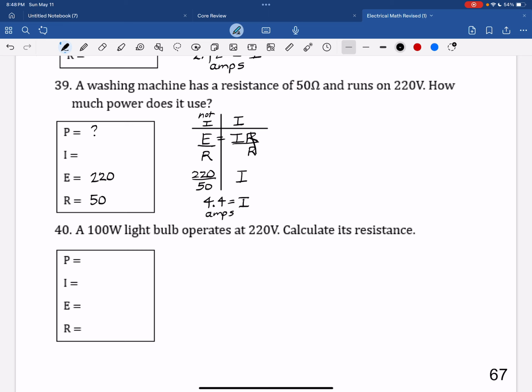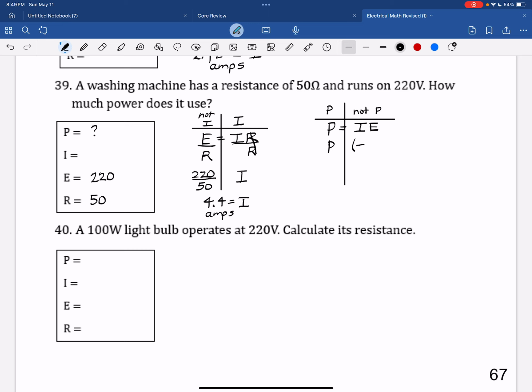And once you find that, you can find power. P equals IE. We want to know P. So everything that's not P should be on this side, and so it is.